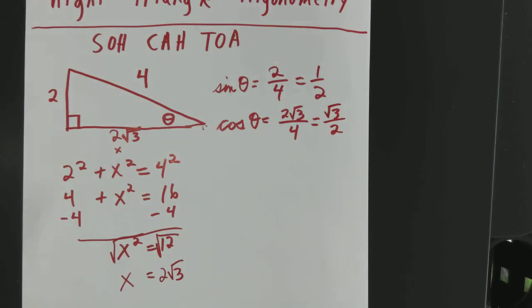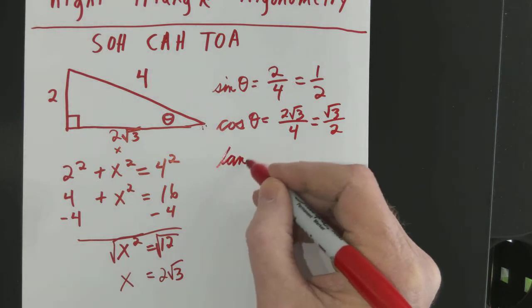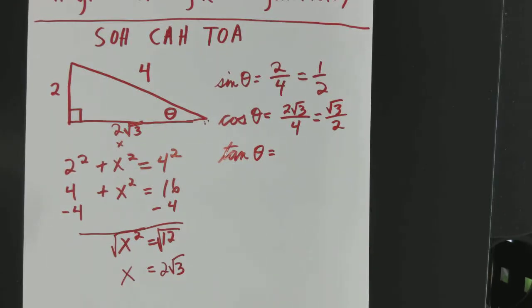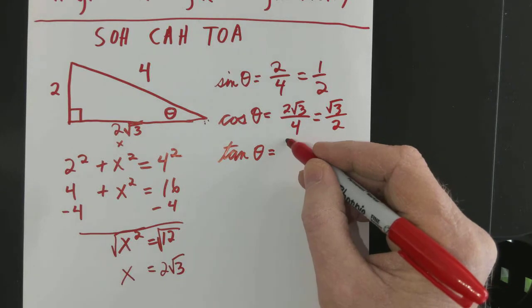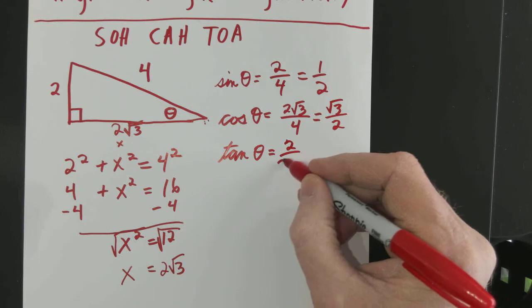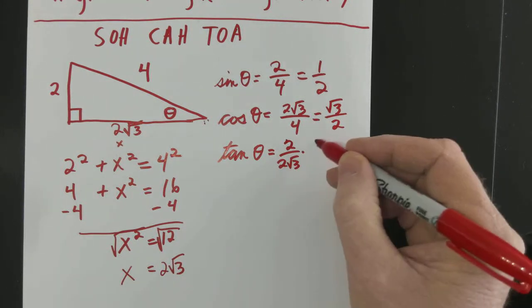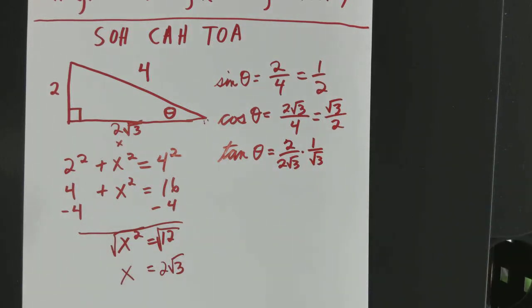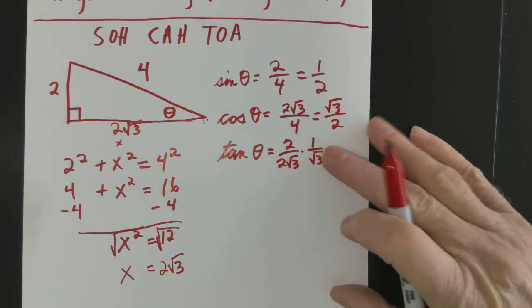Okay? And then we have the tangent of theta. What's the tangent of theta here? Pardon? 1. Okay, well, I'm going to put it in the first form. So it would be 2 over 2 radical 3, which is 1 over radical 3. Now let's be careful here. When you said 1 over radical 3, you were correct. That's not equal to radical 3, though, is it?